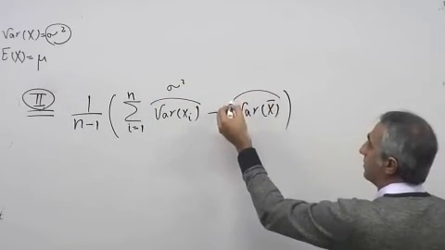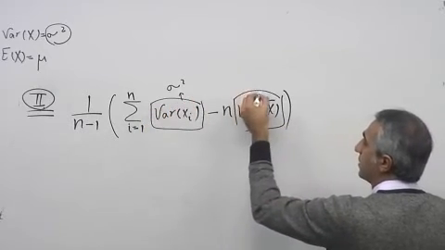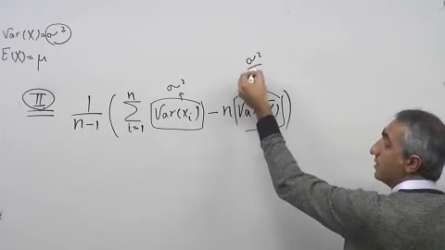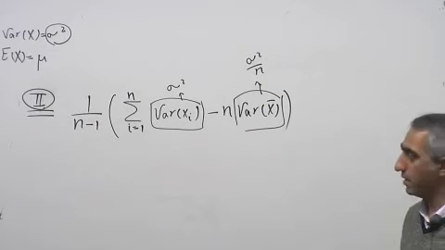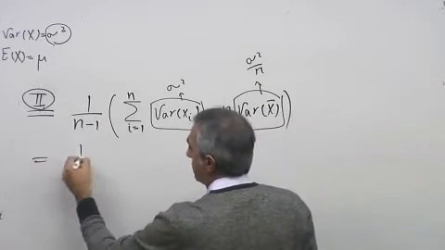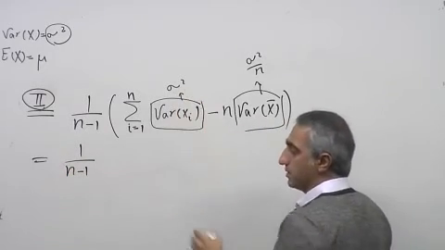How about this guy? This guy is sigma squared divided by n. You remember variance of x bar? Sigma squared divided by n. So I can write this down as summation of one constant.